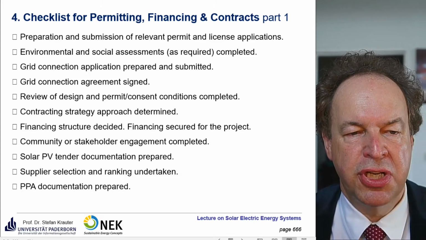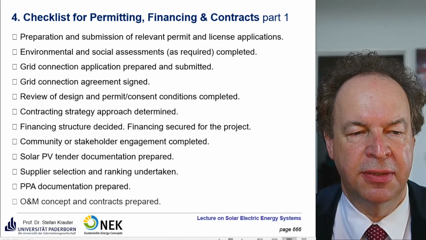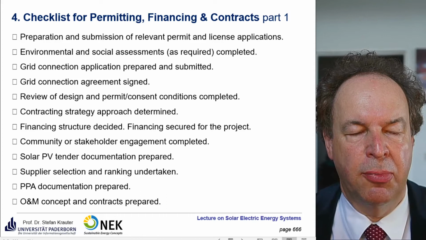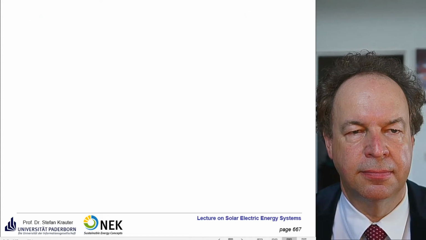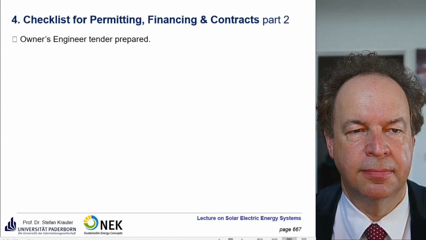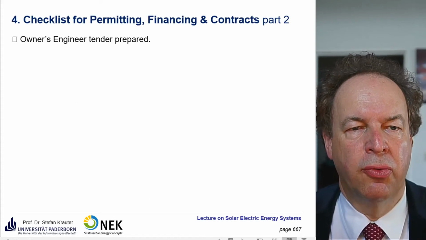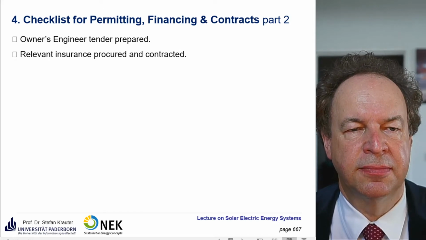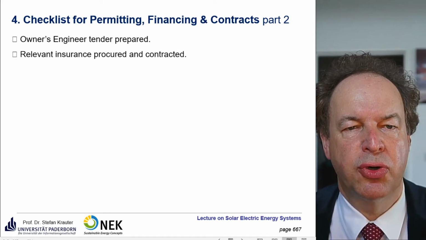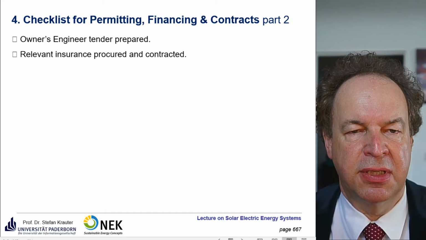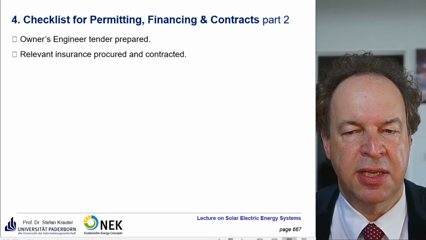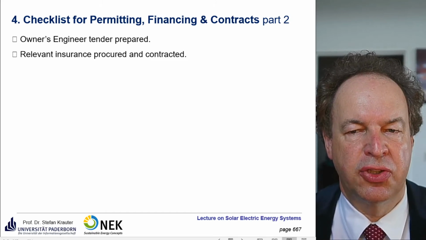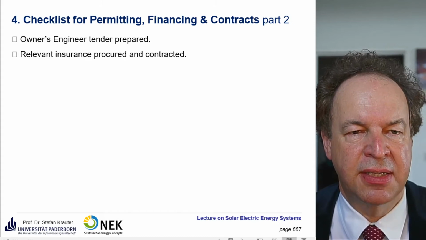Then the power purchase documentation prepared. Then the operation and maintenance concept and contracts are prepared. So the owner's engineer tender prepared. The relevant insurance procured and contracted, against theft, against exceptional storms and so on, or earthquakes.